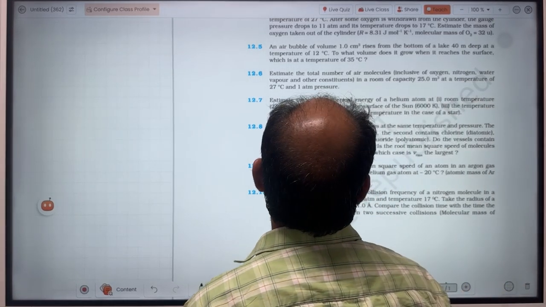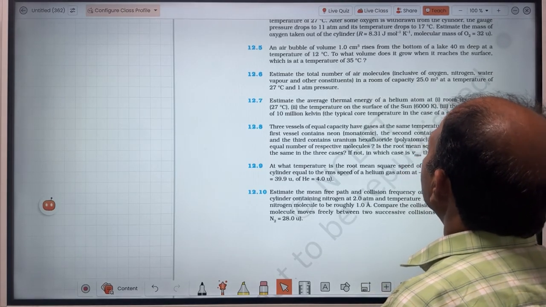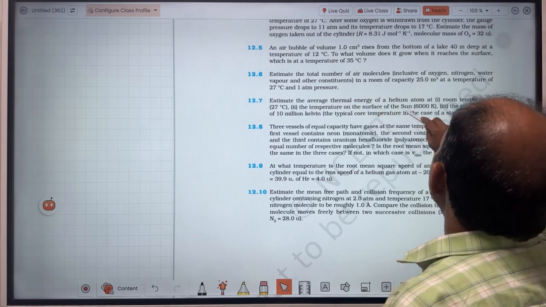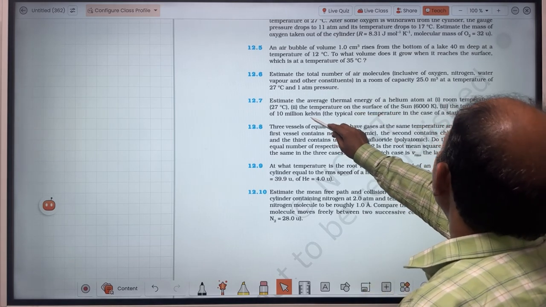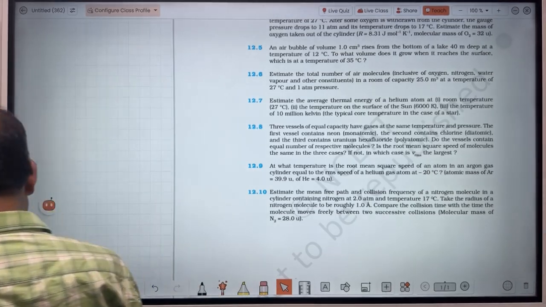So obviously kinetic energy or thermal energy depends on temperature. In the three cases we will see that energy is increasing and it will be highest in the third case. So let's apply the formula.